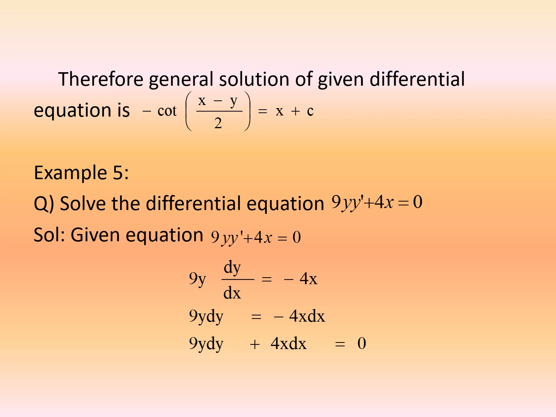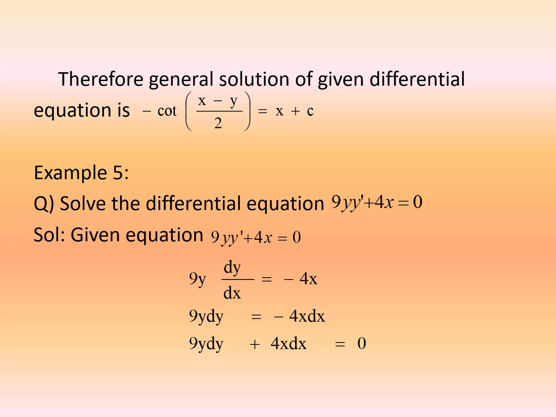Write down 9y as it is. Instead of y dash, another form of y dash is dy by dx, and send plus 4x to the right side, then it becomes minus 4x. Finally we written this line as 9y into dy by dx equals minus 4x.